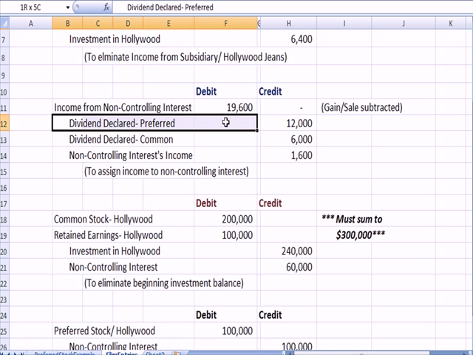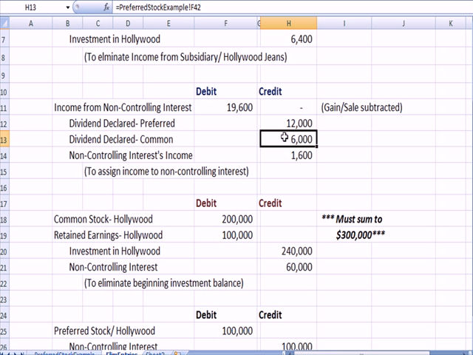We're going to take off the entire dividend declared of $12,000 for preferred stock. We're going to take off the 20% of the common stock declared to the non-controlling interest. So this is non-controlling interest. Levi didn't own preferred stock. This is 20% of Hollywood's dividend that goes to the non-controlling interest. Non-controlling interest, non-controlling interest.